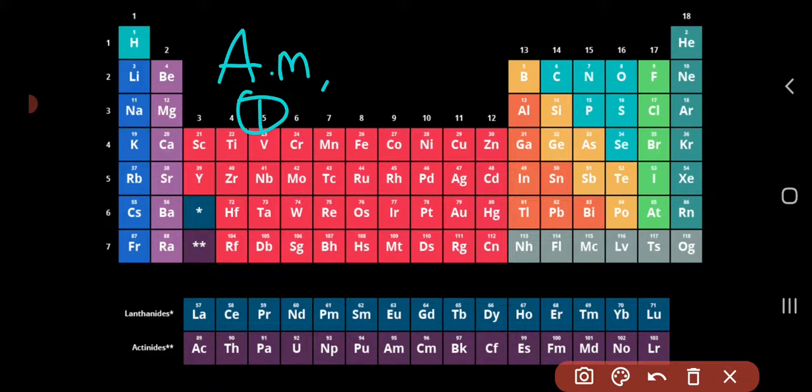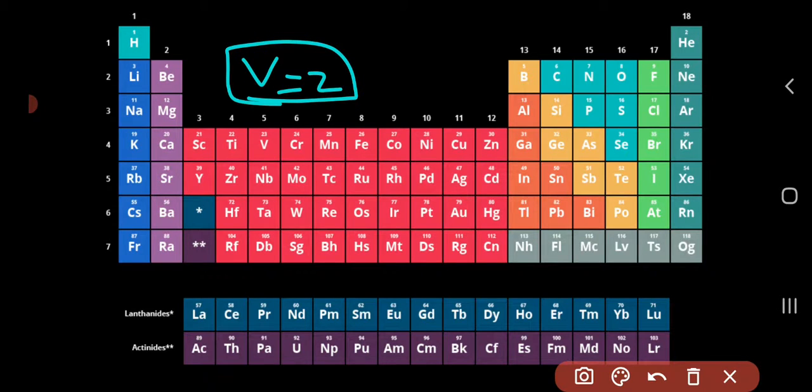Now we see the second A group: beryllium, magnesium, calcium, strontium, barium, radium. They are known as the alkaline earth metals. All the elements in this second group have valency equal to 2, so they have similar properties because their valence electronic configuration is the same.